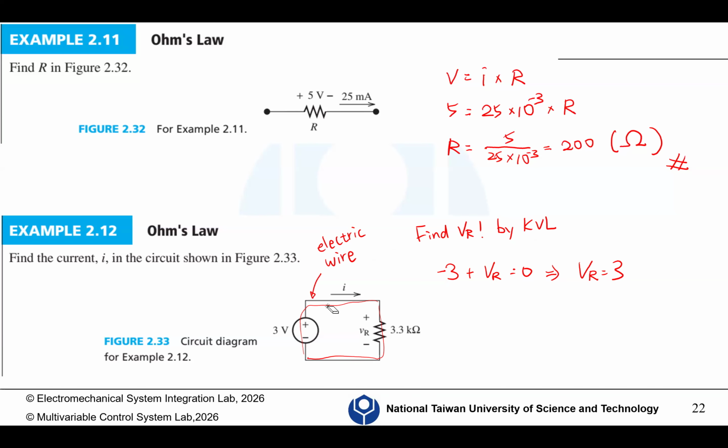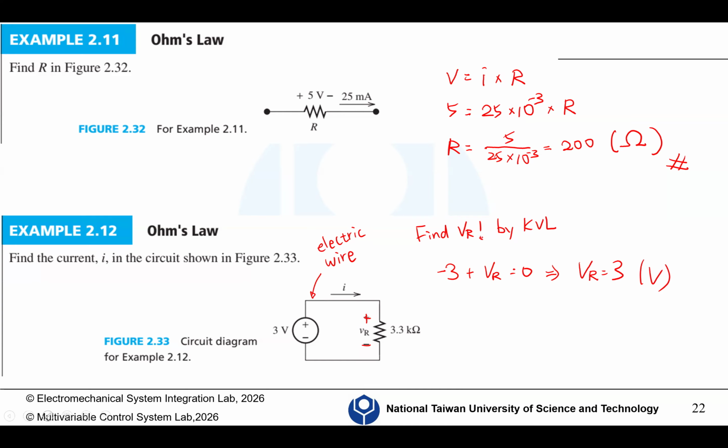So we can immediately write down that VR is 3 volts, with this positive and this negative. But at least you need to calculate VR using KVL.